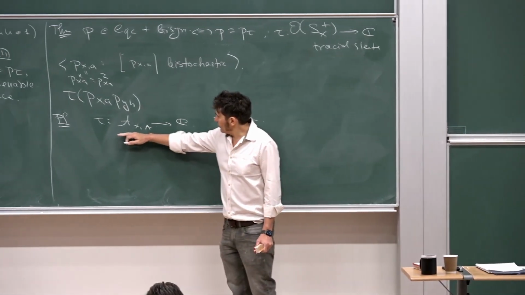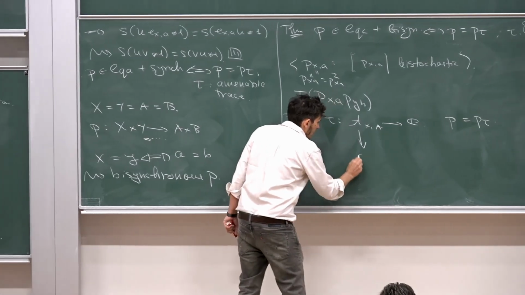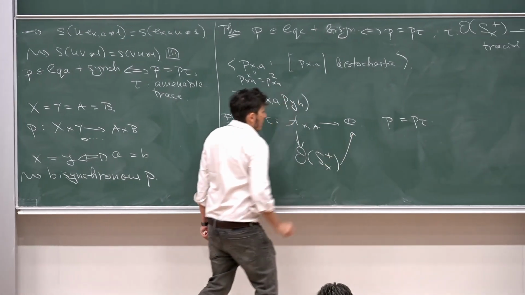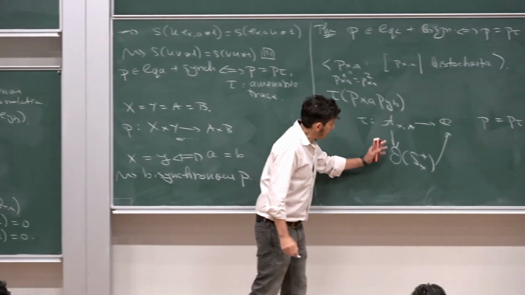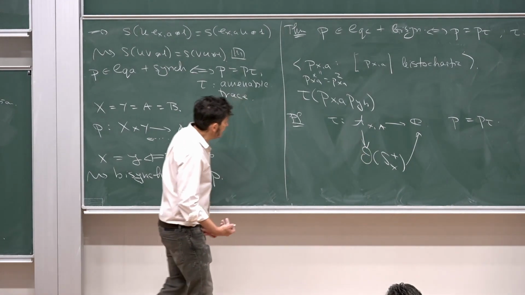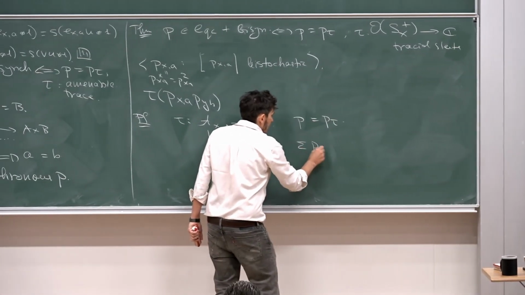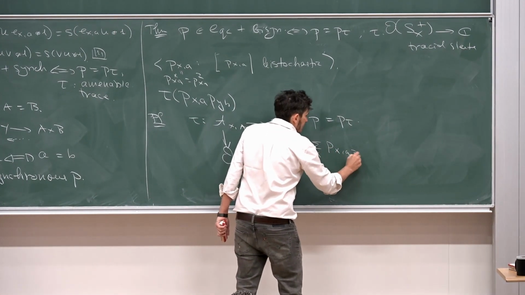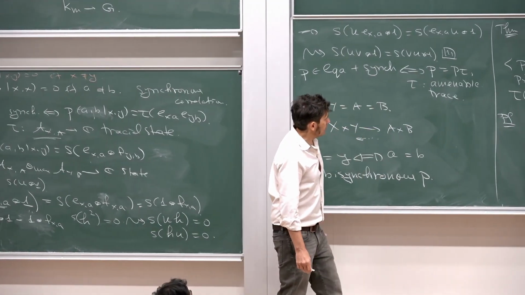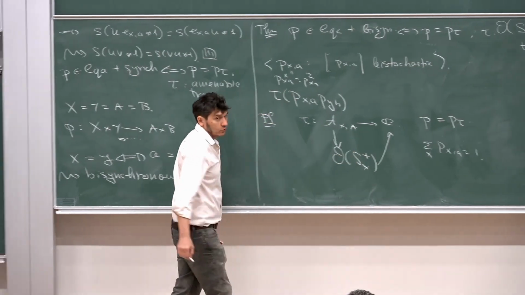We want to have a trace on the quantum permutation group. This is a quotient of AXA by the missing relations, which are that the sum of PXA over X has to be equal to 1. Then you notice that the bisynchronous condition, the second condition in red, allows you to factor through.